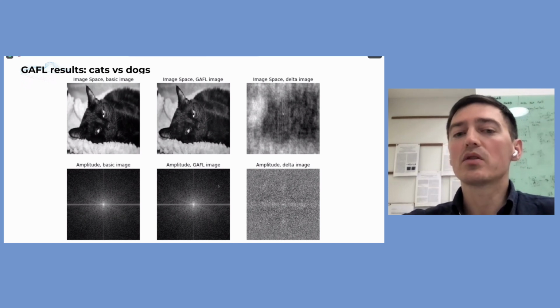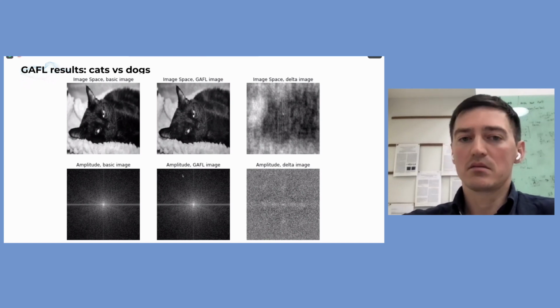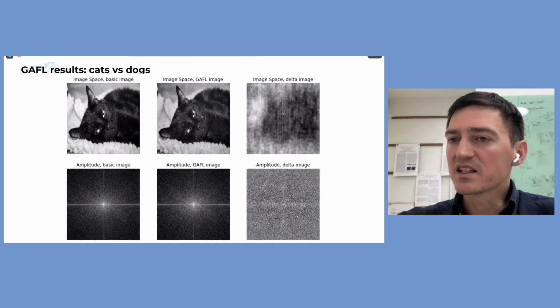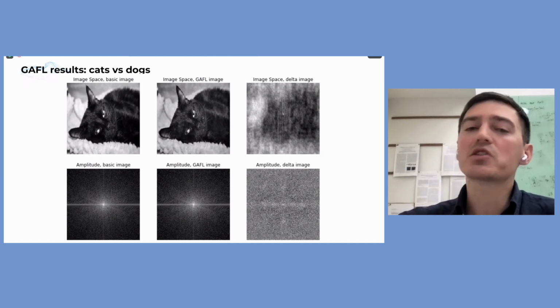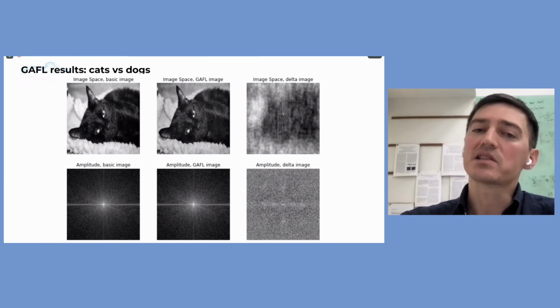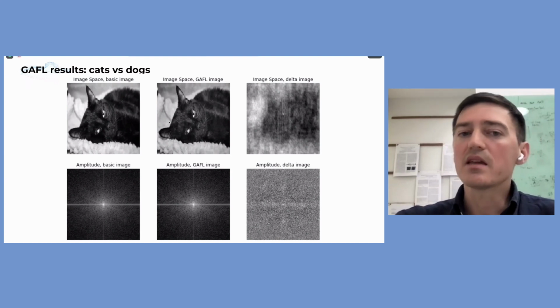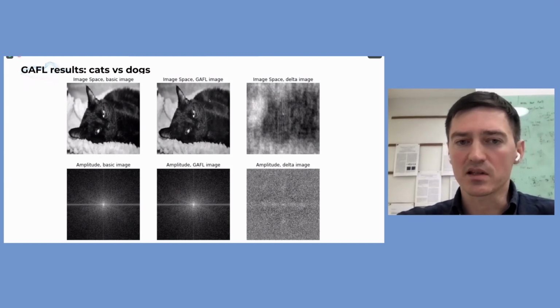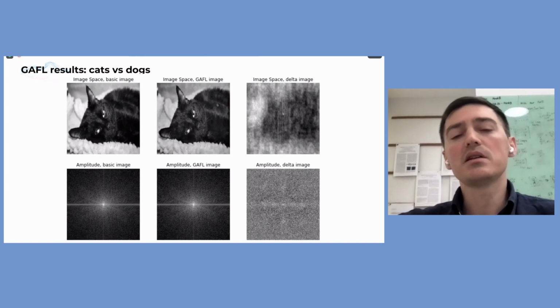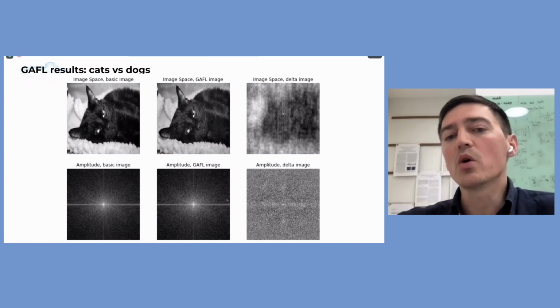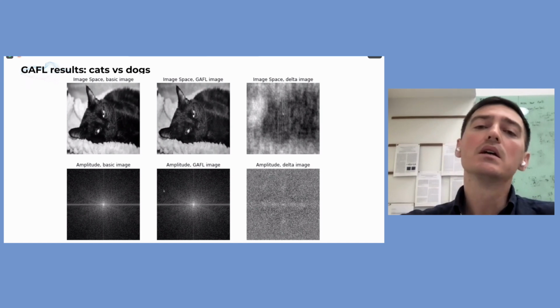So you actually learn those frequencies that maximize the classification, the F1 score for this classification task. So you now see that your classifier predicts that this is a cat with certainty, and you now know which frequencies are needed for that.